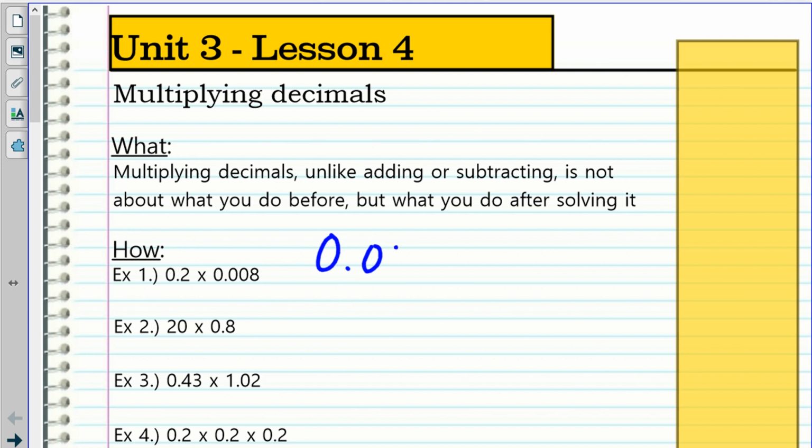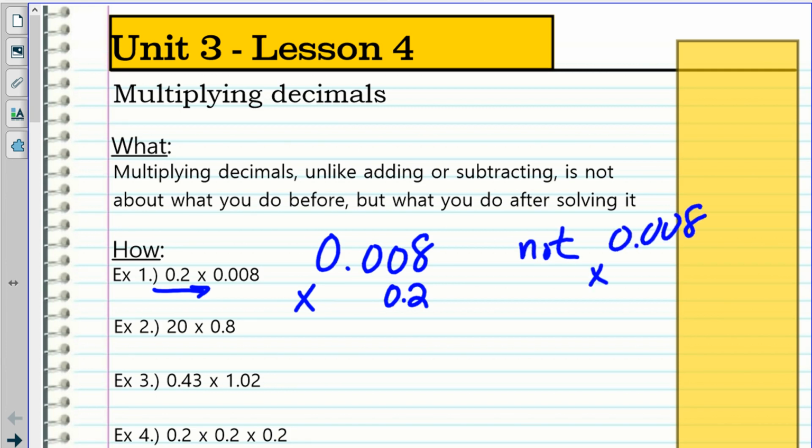Write 0.008 times 0.2, and what you do is line it all the way to the right. Not 0.008 times 0.2 lined up by the decimals. You go all the way to the right, stacking everything against the wall, so to speak, on the right side.